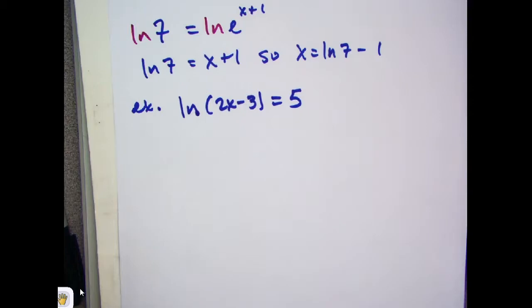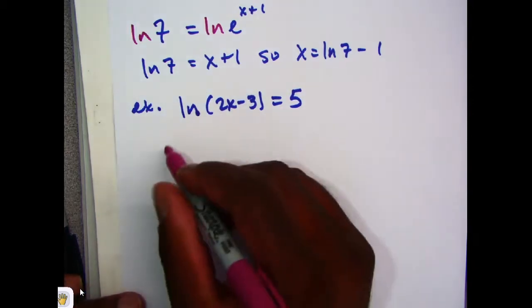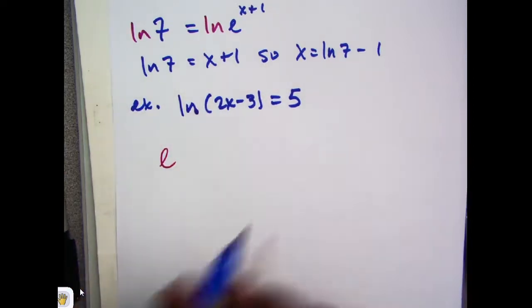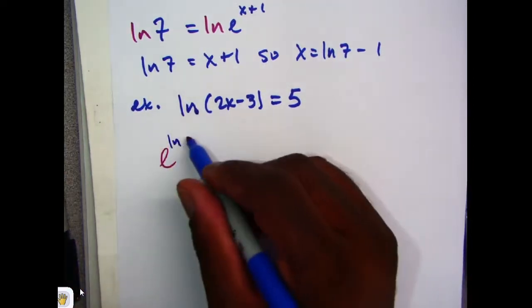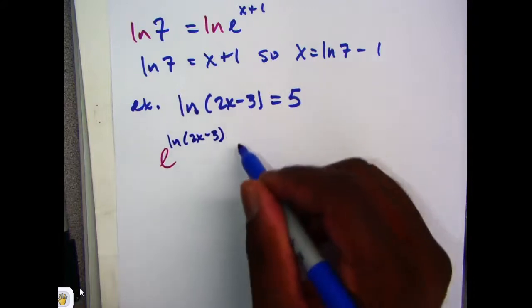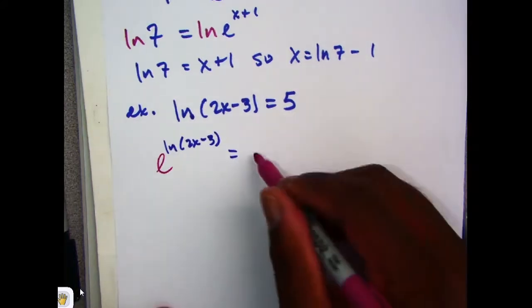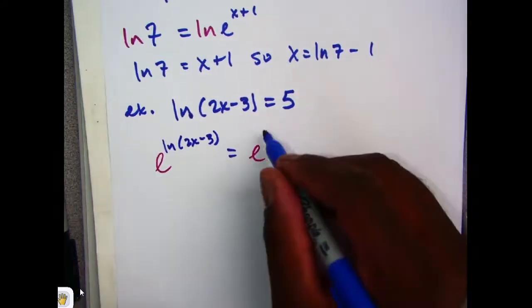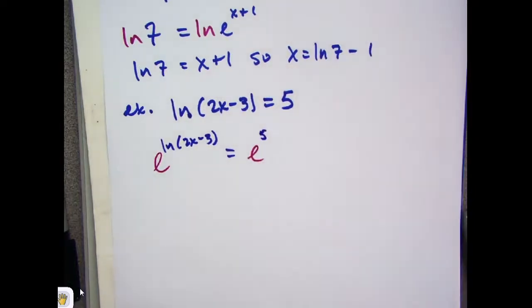So it's not multiply by e. It's e to the ln of 2x minus 3 equals e to the 5th power. Now, I've often talked about functions being one-to-one, so one of the reasons that you are able to do this is because both e and natural log are one-to-one functions.